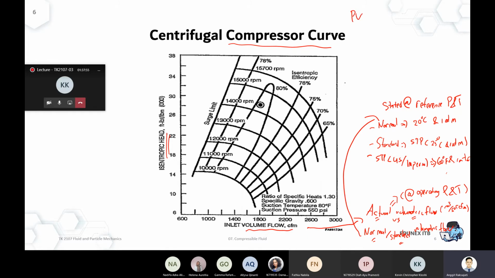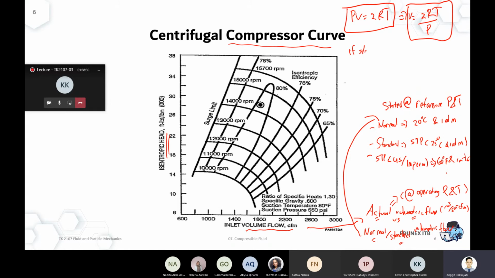Why? It goes back to the gas equation. We're talking about volume, right? So volume is equal to ZRT per P. So that's the difference between actual volumetric flow rate and normal or standard volumetric flow rate.